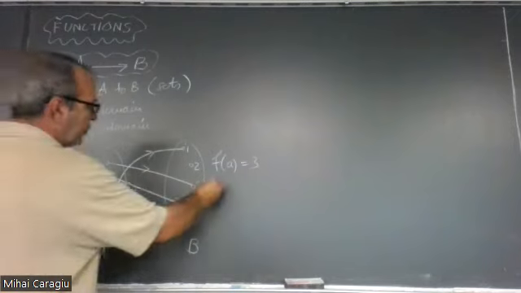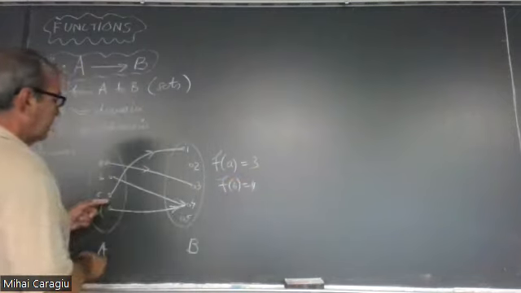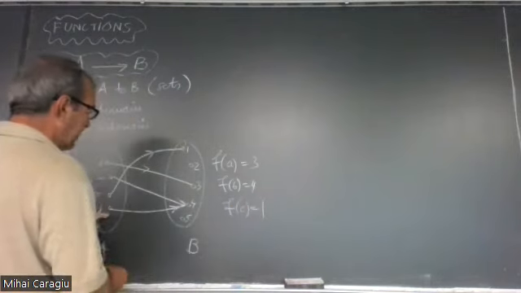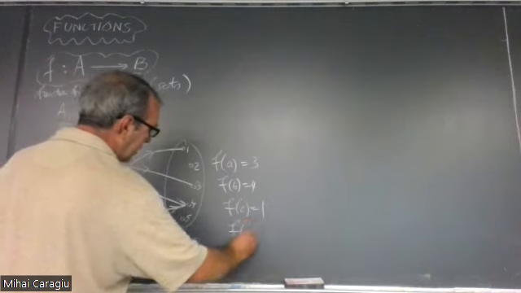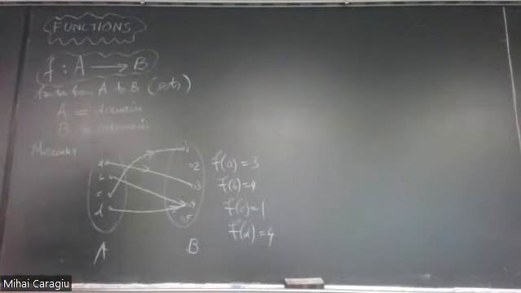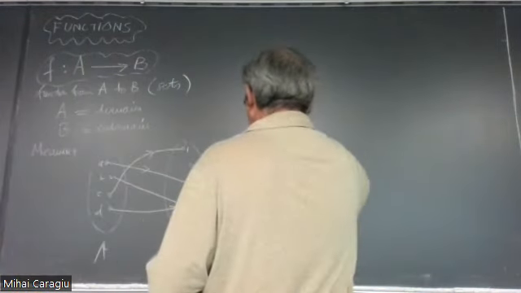F of B equals 4. F of C equals 1. And finally, F of D equals 4. So that's a function. So to each element of the domain, we associate exactly one element of the codomain.